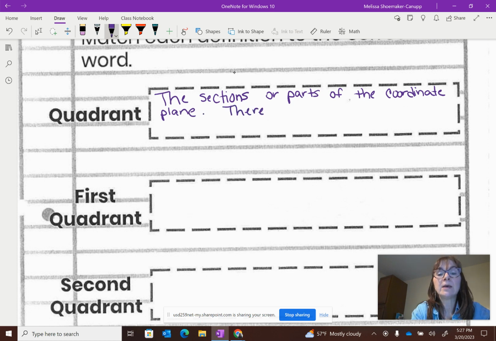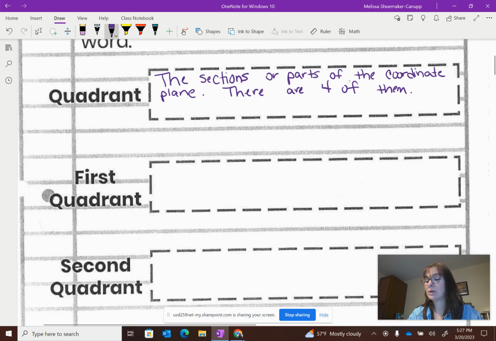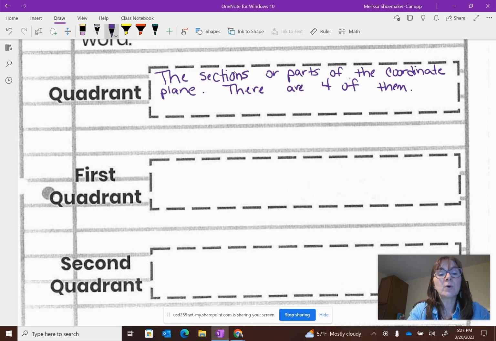And we're going to add that there are 4 of them that we're going to learn about. Okay, we're used to working with one of them, positive, positive, but now we have extended positive and negative number lines, and so we now know about 4, and that's going to make sense when we draw it on the next page.